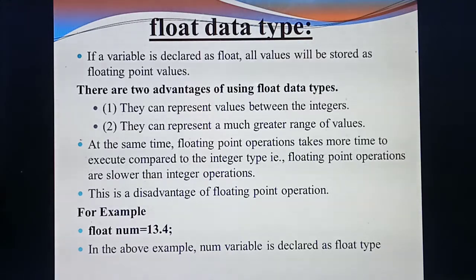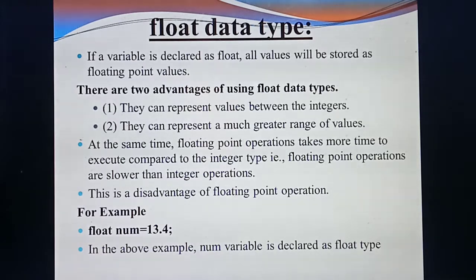If you need to represent some characters or some words, like computer science or ABC, characters, you should declare which data type? Character. Likewise, if you need to represent floating point values. What do you mean by floating point values?